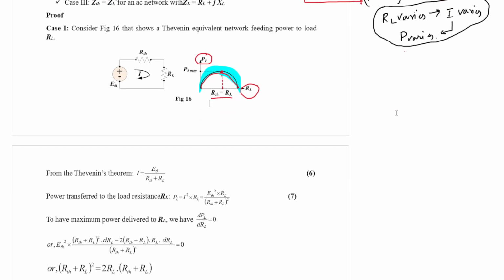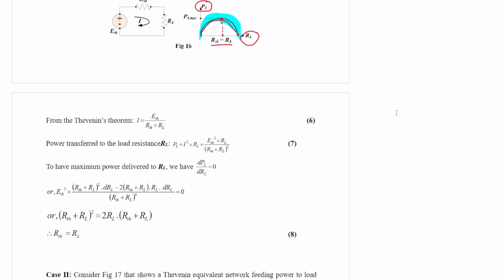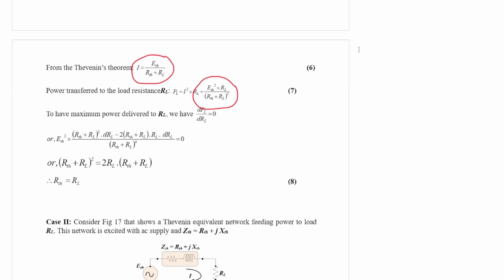What is the proof? From Thevenin's theorem, you have the current I = ETH by RTH plus RL. So the power transferred is I square RL, that is ETH square over RTH plus RL whole square, into RL. For maximum power to be delivered to RL, we need dPL/dRL equal to 0.